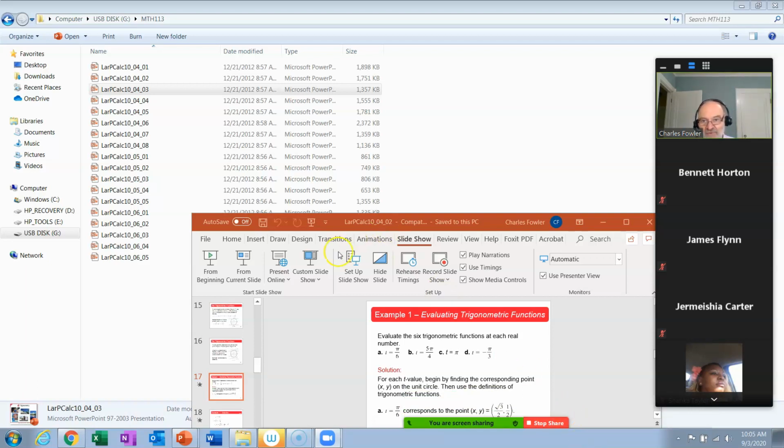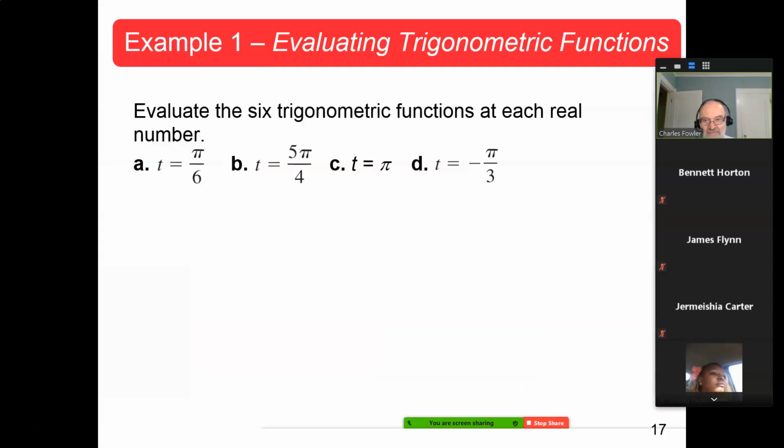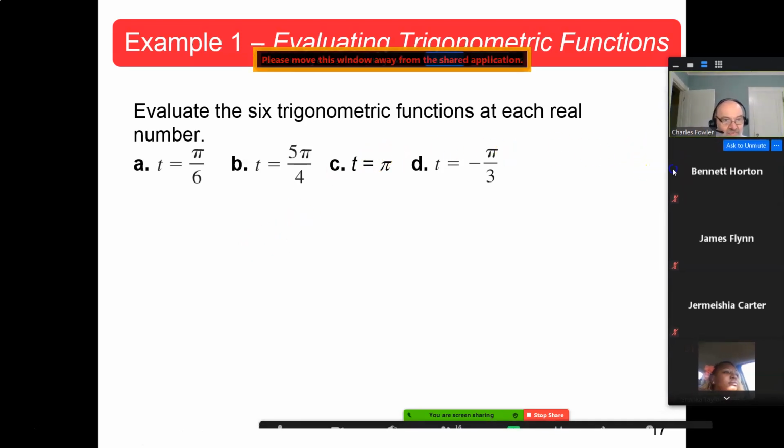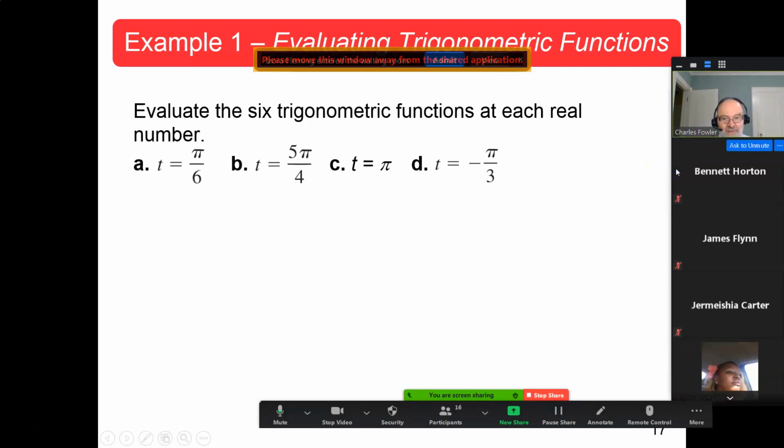We'll go to the slide from current slide. Trying to get current slide to open. There it goes. Bennett is in the way, so I've got to scoot him over to the right. Now he's out of the way.